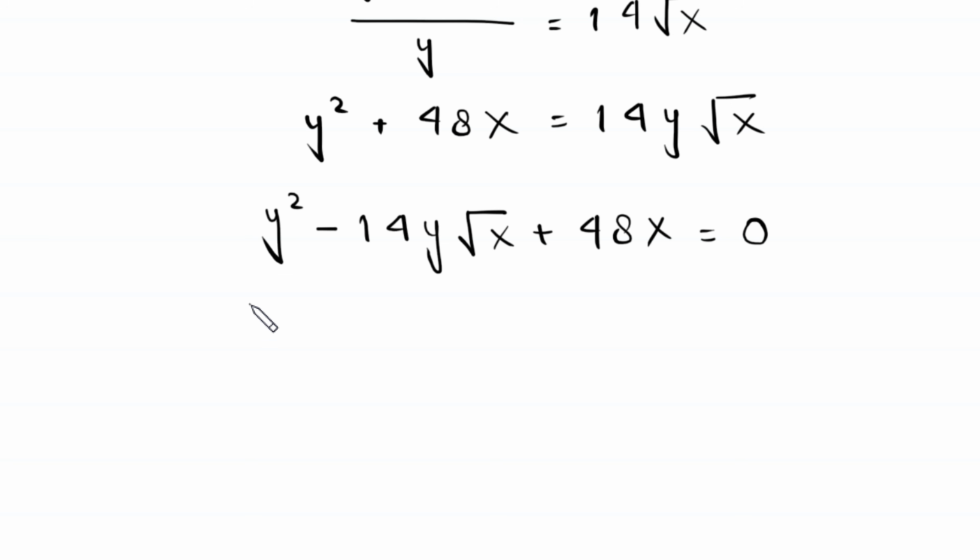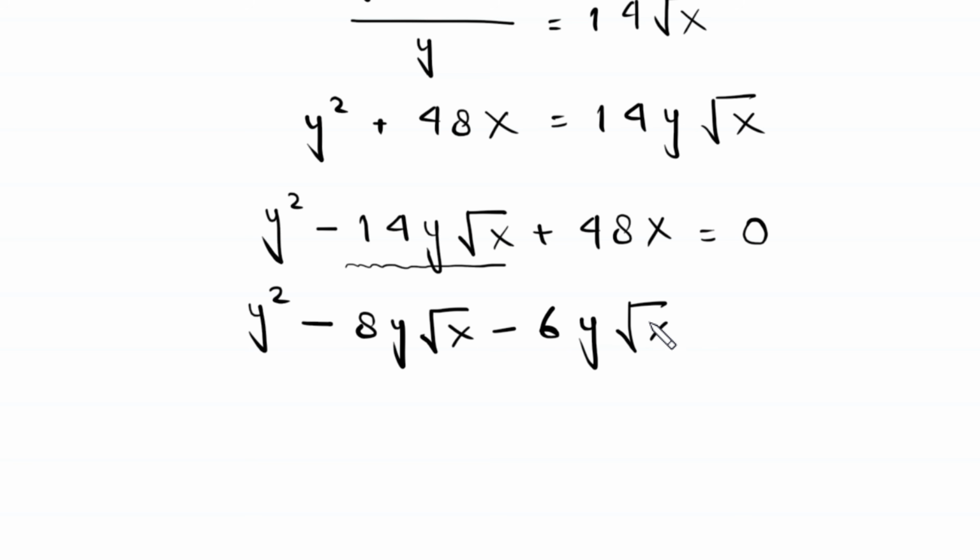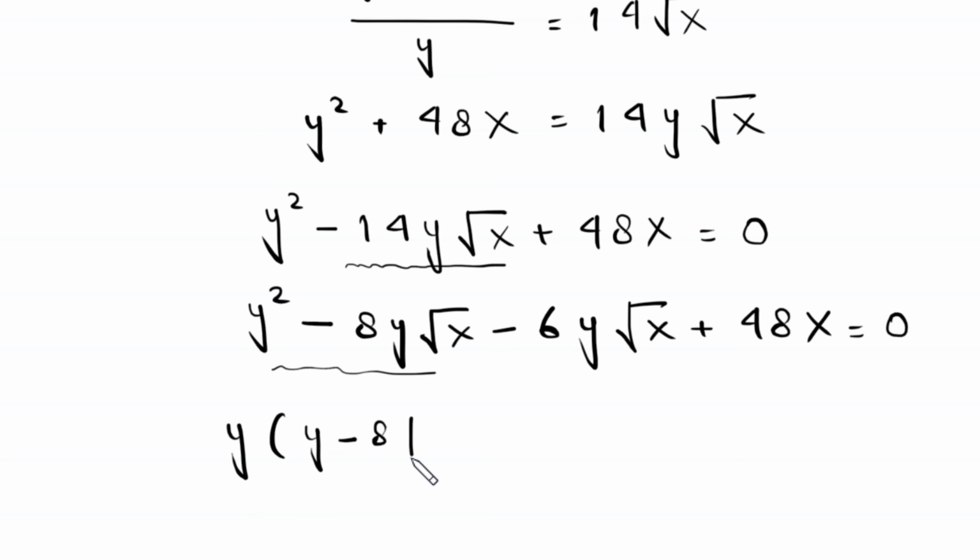We write this y squared and break this negative 14y times root x into two terms, negative 8 times y times root x minus 6 times y times root x plus 48x equal to 0. From these two terms we can factor out y, in bracket y minus 8 times root x.